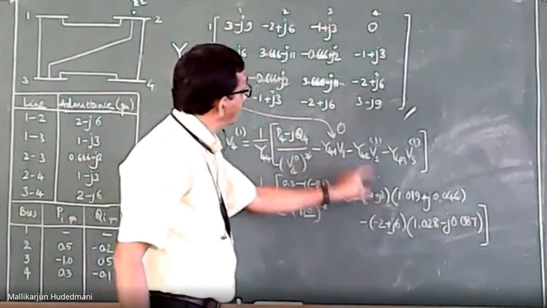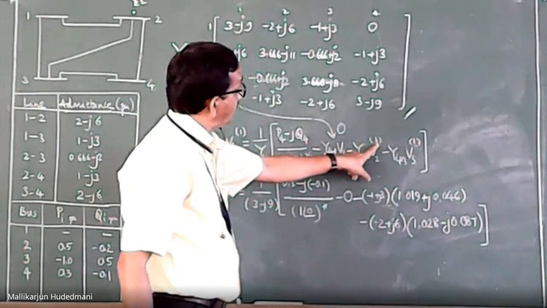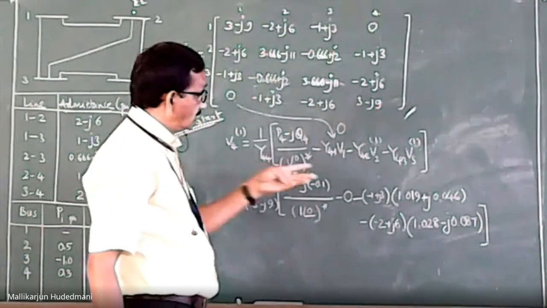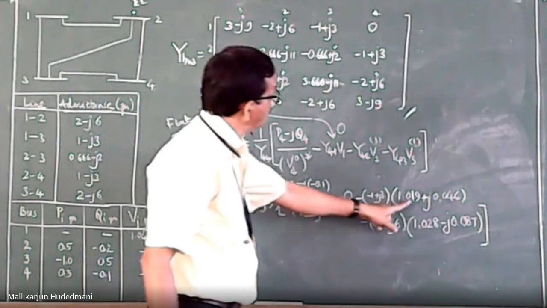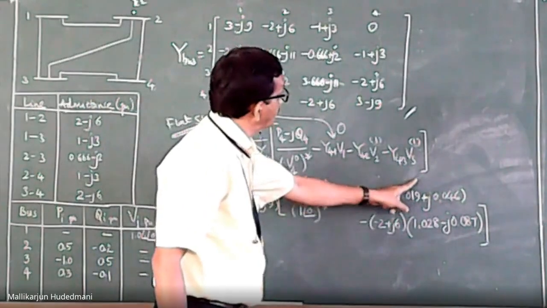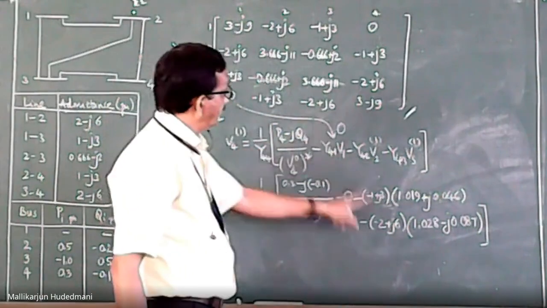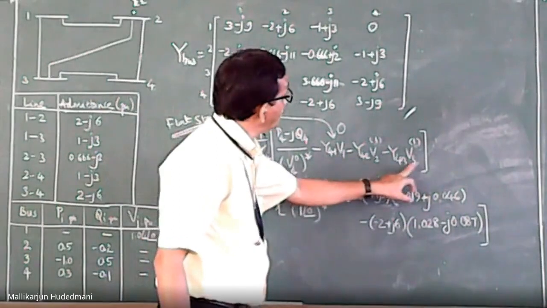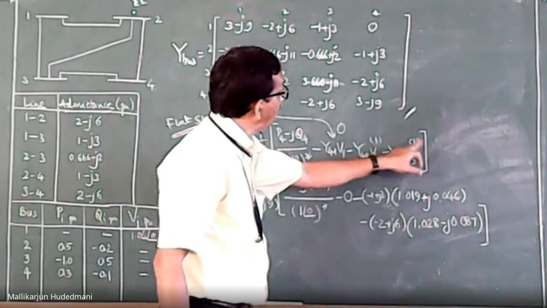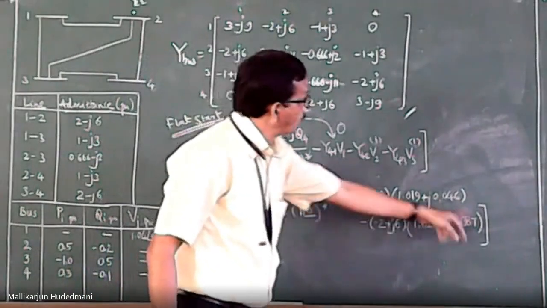Pick it, and multiply with bus number 2, whose latest value is available for me because I am at the 4th bus; the 3rd and 2nd bus voltages are already updated. I have to use them only. So it is the 2nd bus voltage latest, minus the 4 to 3 connectivity, Y43, minus 2 plus j6 into V3 of 1. Are you able to see here? V3 of 1 means the very latest value of bus number 3. I write it here and close the bracket.